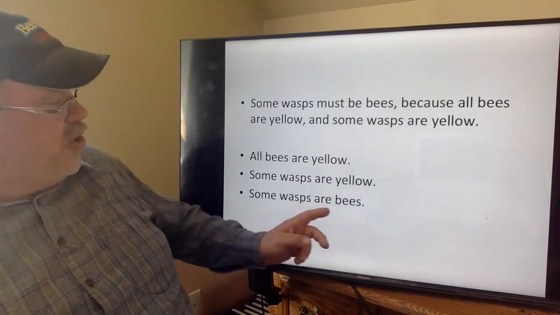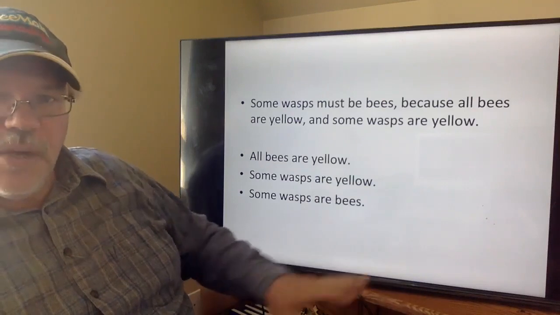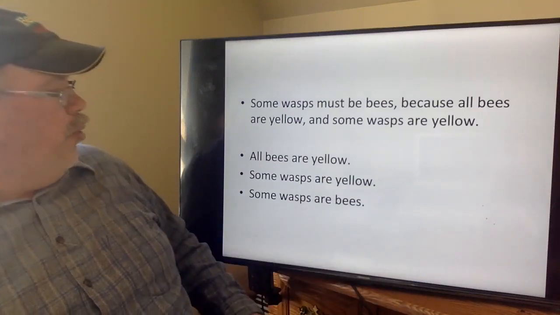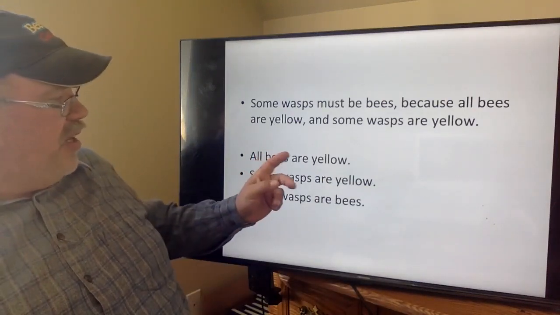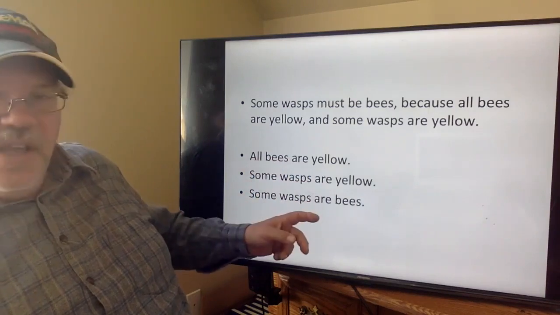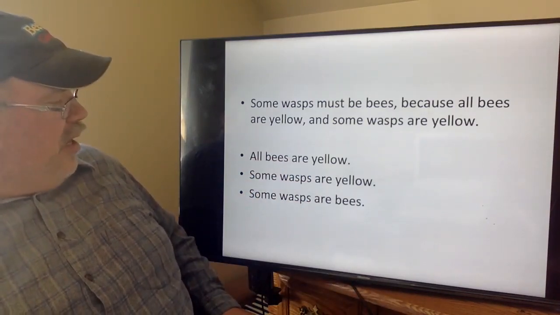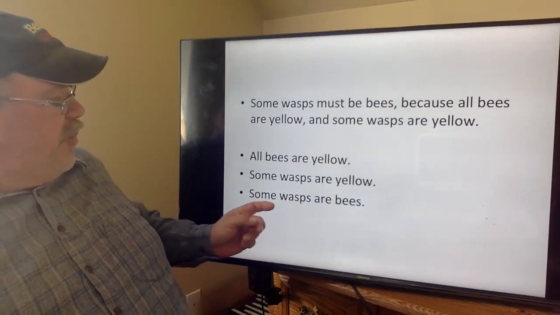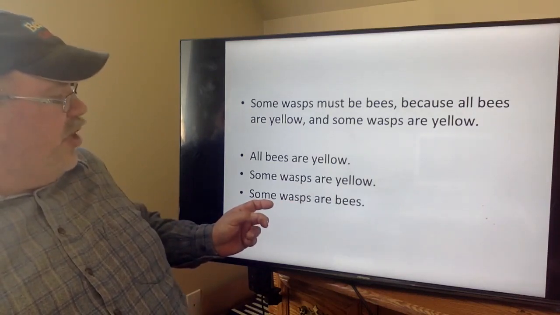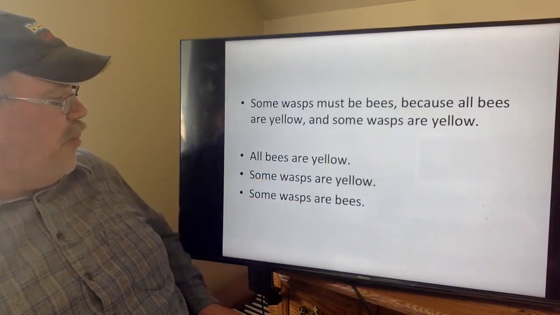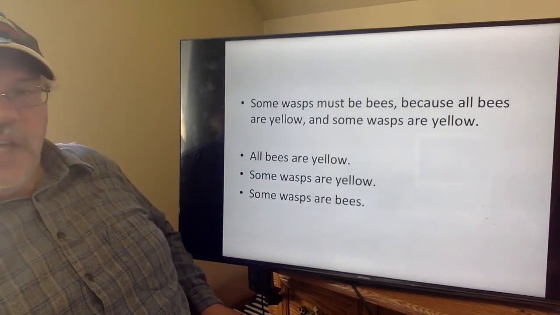Nothing is distributed in the conclusion, so we pass that rule by default. Rules 4 and 5 are about the negatives, and there's nothing negative here, so it passes that. Rule 6, if there's a particular conclusion, something that starts with some in the conclusion, you need at least one premise that starts with some, and so it satisfies that rule.